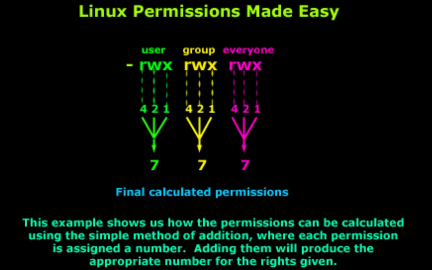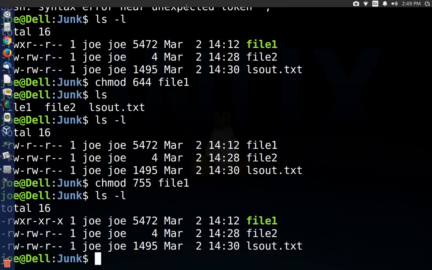With directories, you have to set the execute bit if you want other people to be able to see that directory. So when you're working with directories, 755 is pretty much the same thing as 644 is for a file. If you do not set the execute bit on a directory for anybody else, they won't be able to list the directory.